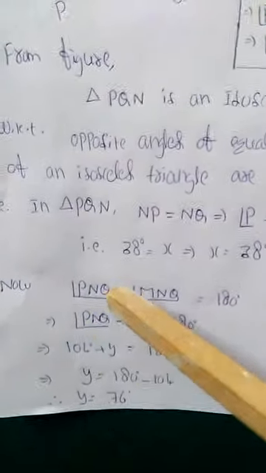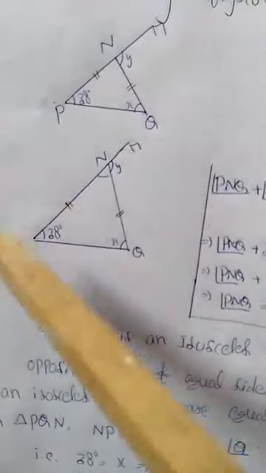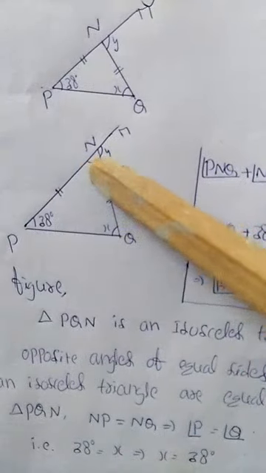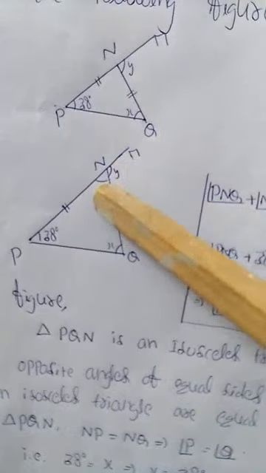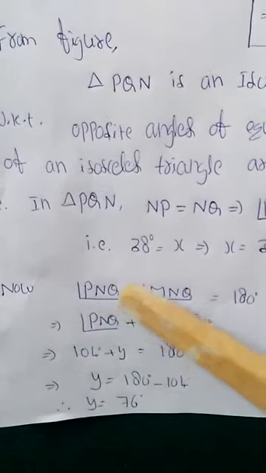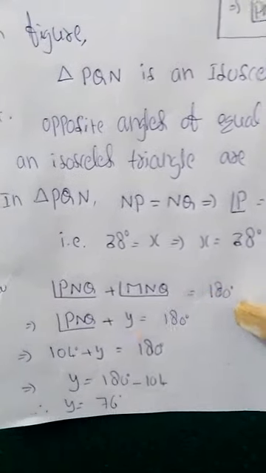Now, angle PNQ plus MNQ is equal to 180. What are those? See, PNQ and MNQ. So, the angle at N interior, the angle at N exterior. Sum of these both equals 180. Why? Because again, linear pair. That means straight angle. A straight line is forming here, straight angle. So angle PNQ plus angle MNQ is equal to 180.